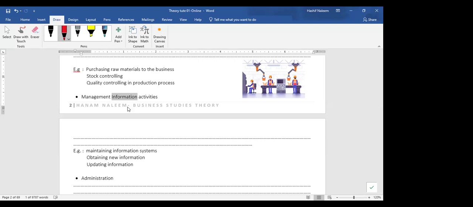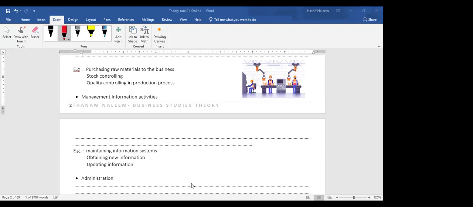Activities related to managing the information of a business. That is all known as MIS.